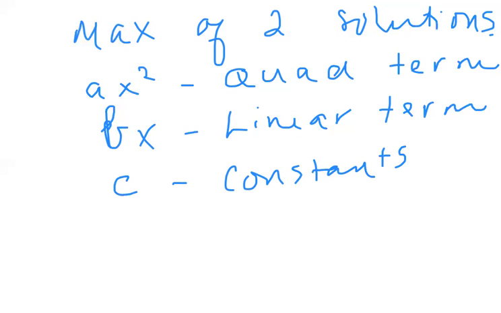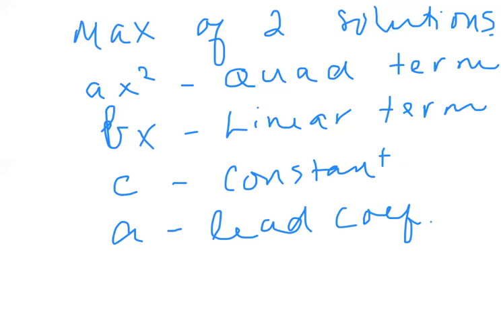And the last thing I do need to say is this: the a value is important. It's critical, actually. We refer to it as the leading coefficient. Whenever I mention the leading coefficient, we're looking at the number in front of the term with the highest power. So once again, a is called the leading coefficient.